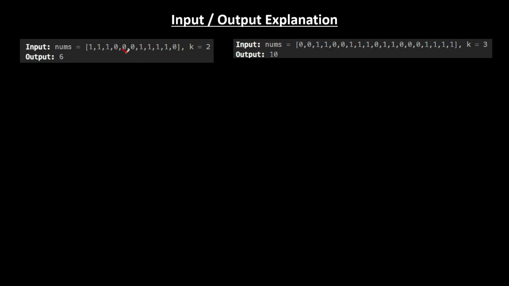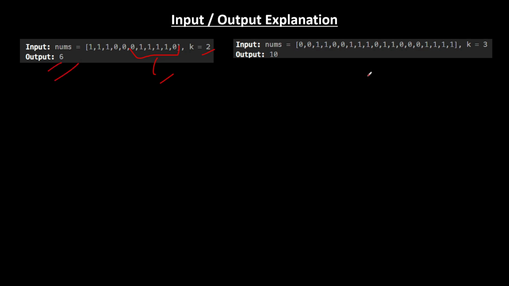Let's take these two zeros and these four ones. We get how much? We get 6, right? Because we converted these zeros to ones and we're allowed to do at most two zeros. So assume it to be 1 comma 1 after that, right? And what else we can do? The other combination is taking this 0 and the last 0, we get 6. So the output is 6 in this case.